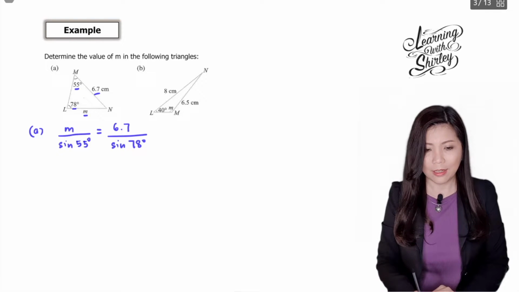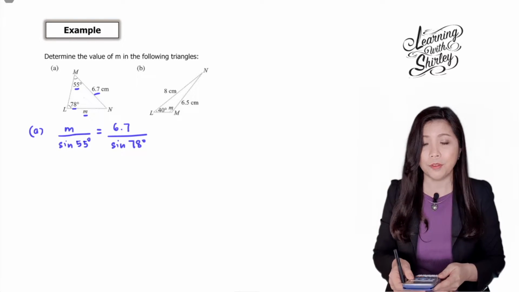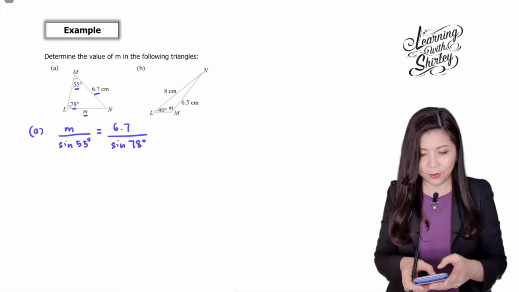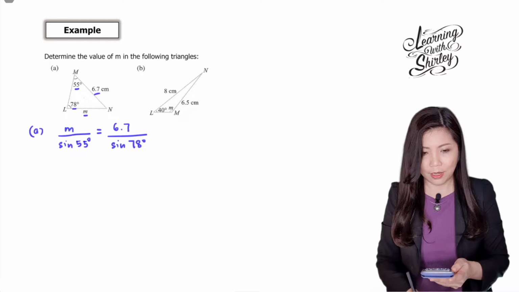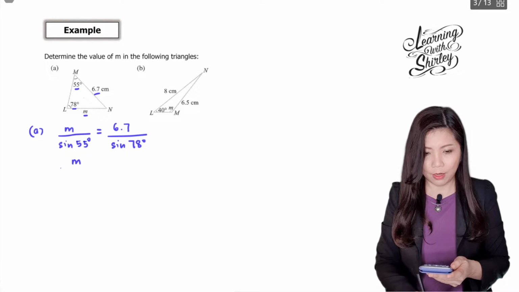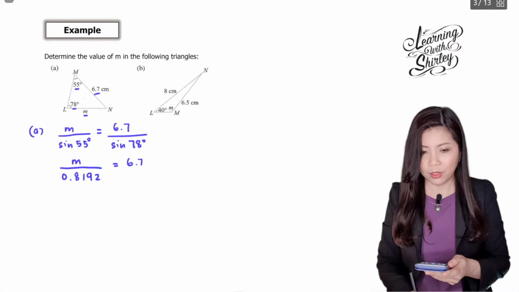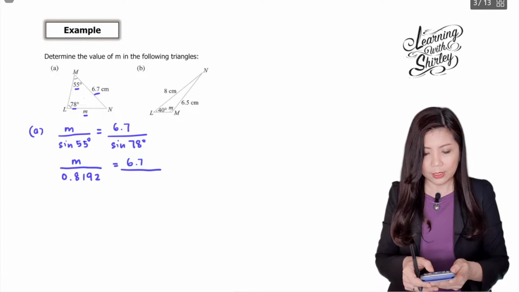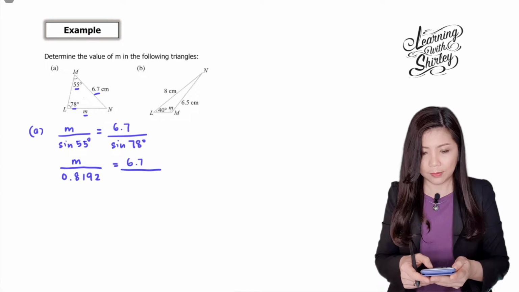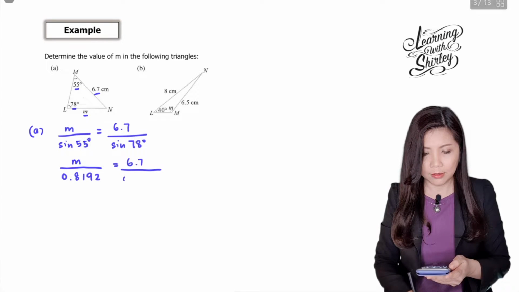Now let's calculate the value of sine 55. I'm going to round to 4 decimal places. So m over 0.8192 equals 6.7 over sine 78, which is 0.9781.